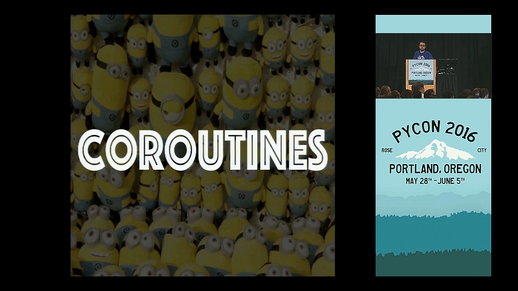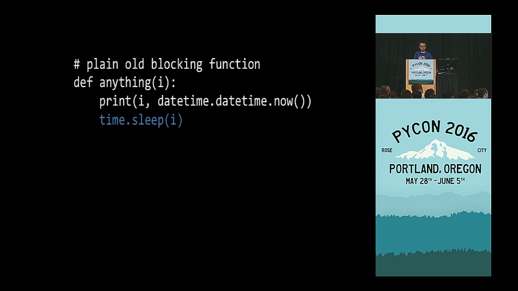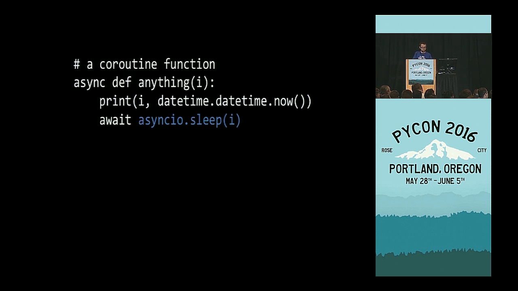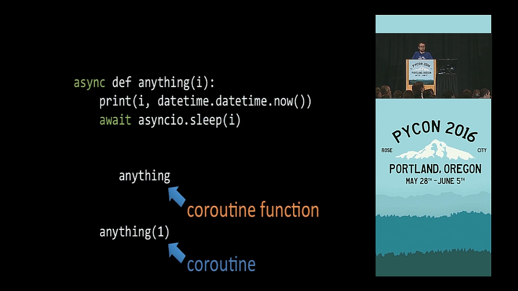Well, obviously, the answer is coroutines. So instead of just creating a plain old function like we were in that previous example, what we're doing instead is we're creating a coroutine function. So basically we're saying async def, and instead of just assuming some operation is going to be slow, we are explicitly awaiting on it. One distinction that I like to make is this. When we're saying coroutine function, we're saying this is the function that we have defined that creates coroutines.